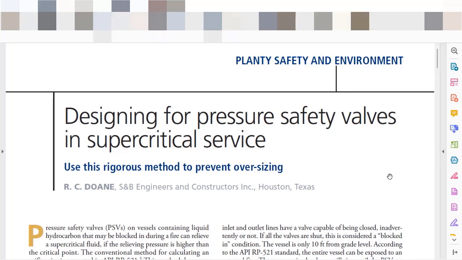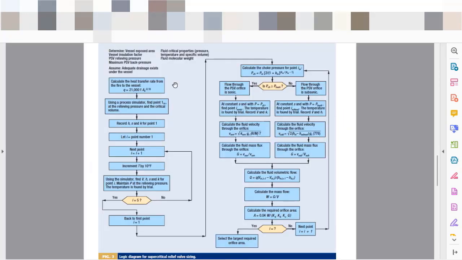But instead of using equations of state to define the properties of the fluid, Richard recommends the use of process simulation software. Richard's chart is very similar to Ryan's chart, but what is interesting in Richard's paper is that he shows how to do the calculations based on the normal operating conditions of the fluid.